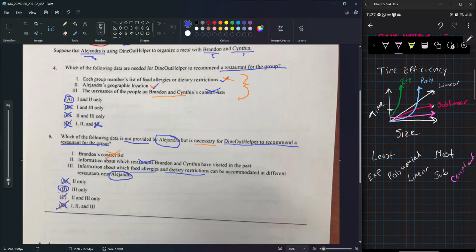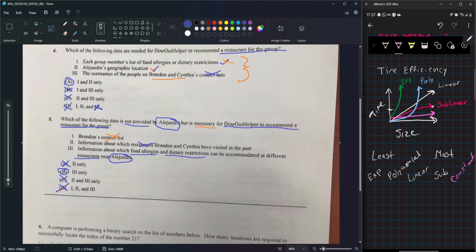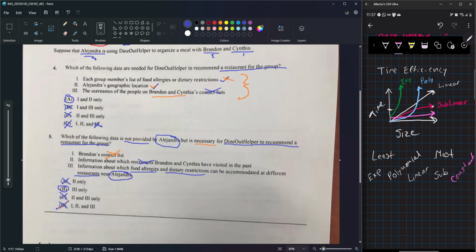Because Alejandra does not provide information about restaurants. She only provides her allergies, right? That's the only thing that we provide. The username and the allergies. We do not provide any restaurant information. But it's necessary for the app to recommend the restaurant because the app needs to know if that restaurant can accommodate her allergies. That's why it's B.